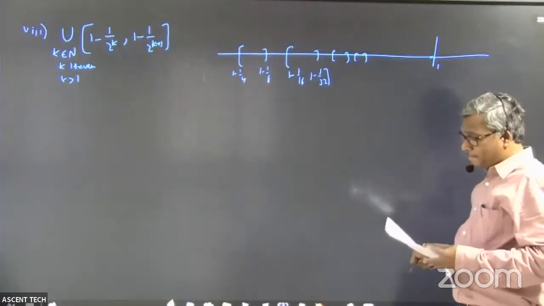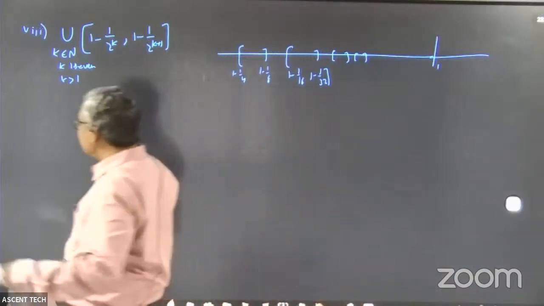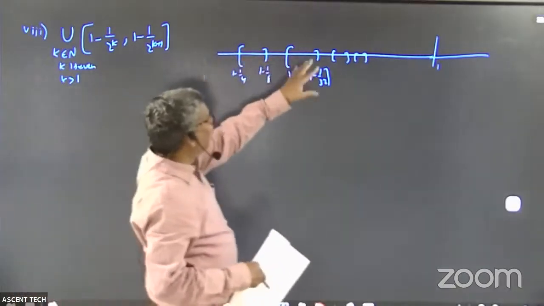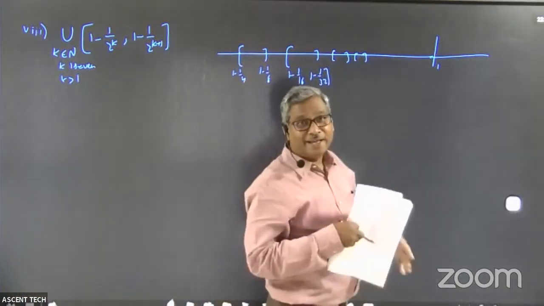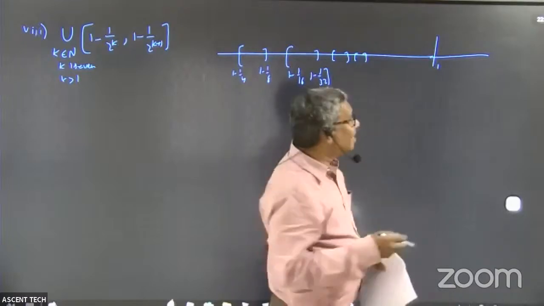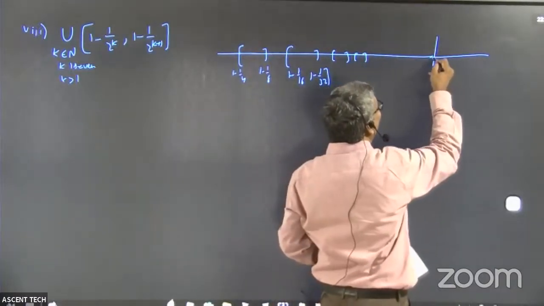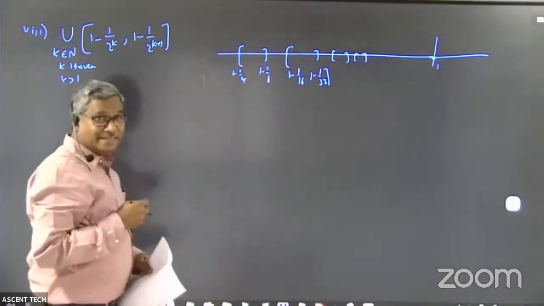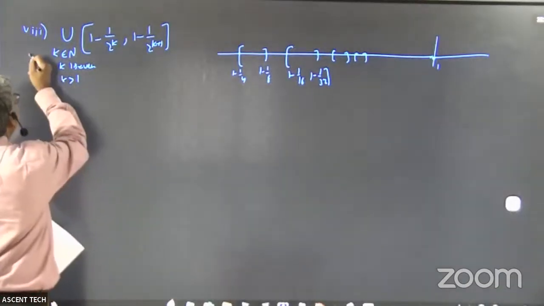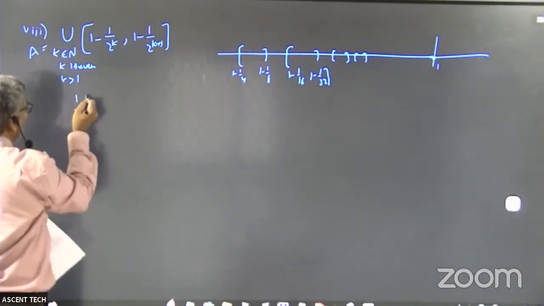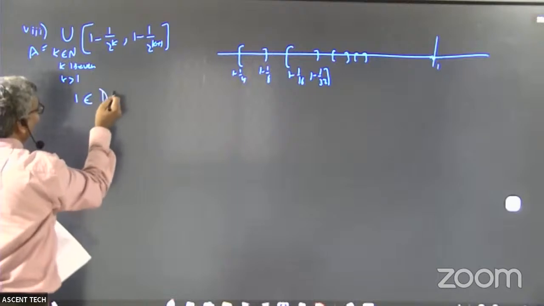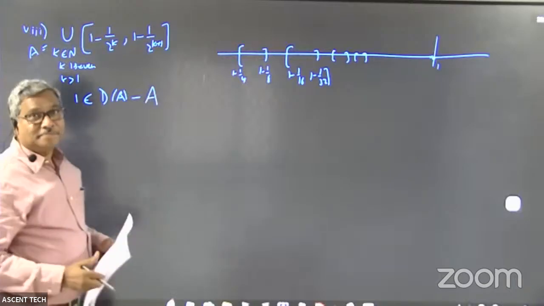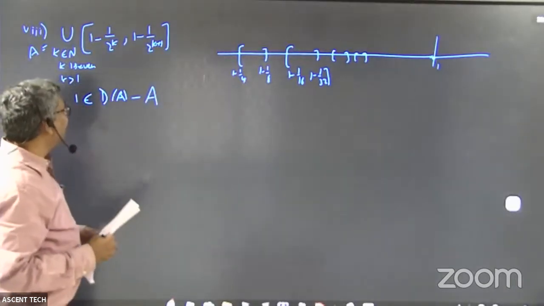Actually, points in these sets are slowly converging to the point 1, and 1 is not in that set. So that's a limit point which is not in the set. 1 is in the derived set of A, but not in A. That's the problem. That's why it is not closed.